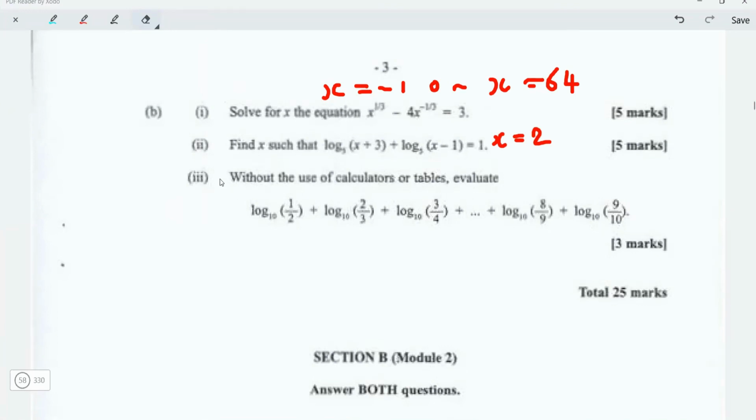Check out part 3 now. Without using your calculators or tables, evaluate this. So let us evaluate this now.